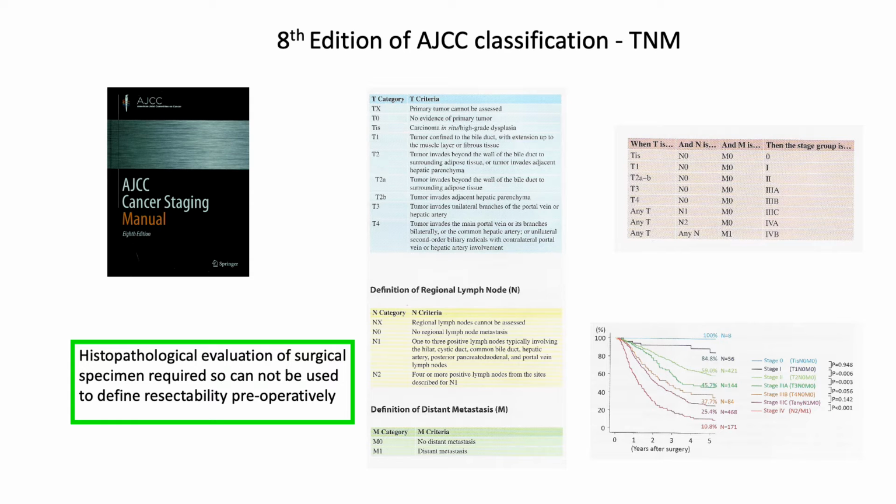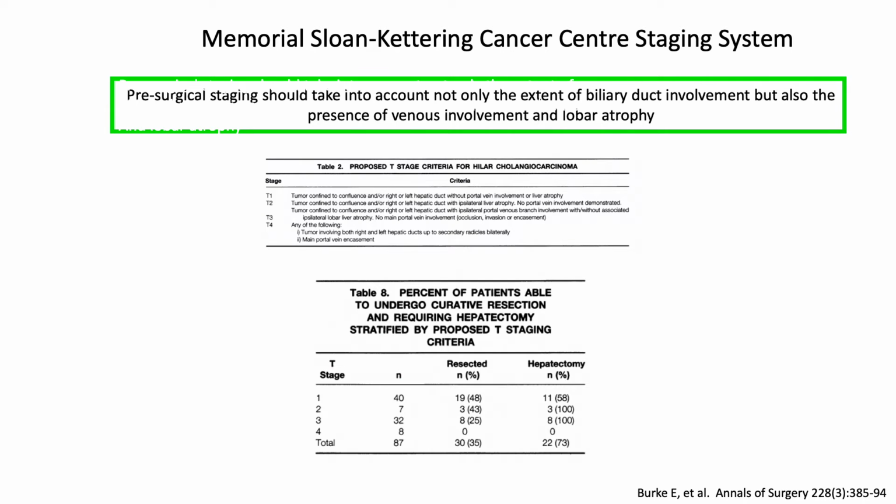The AJCC classification or staging system really doesn't have a role preoperatively because the histopathological classification of the tumour is necessary in order to obtain the AJCC stage. A less used grading system is that which was proposed by Blumgart back in 1998, which breaks patients down into one of 4 groups based upon what they say is the T stage, but that also takes into account vascular involvement and the size of the future liver remnant.